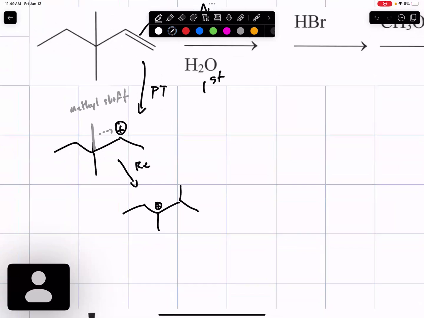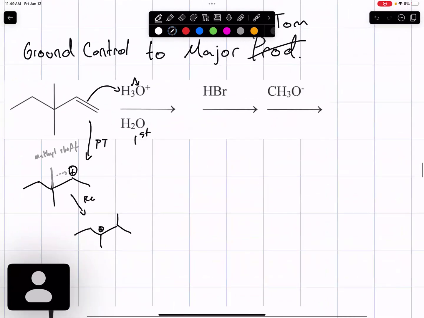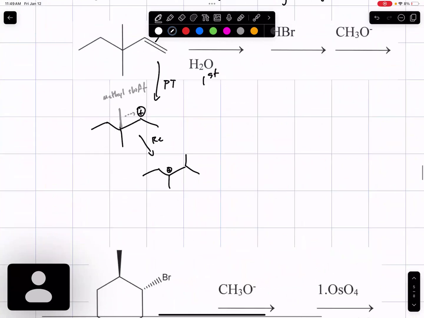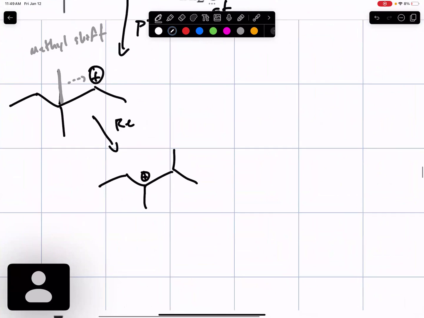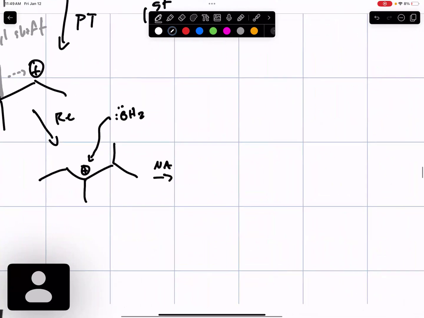But now I have a primary carbocation, right? And for these questions, all you have to do is draw the major product. Okay? You don't have to do all these steps mechanistically. But I'm showing you just for the sake of understanding. So I have a water molecule that is going to attack this position, right? This is a nucleophilic attack. Once this attacks, what do we get?